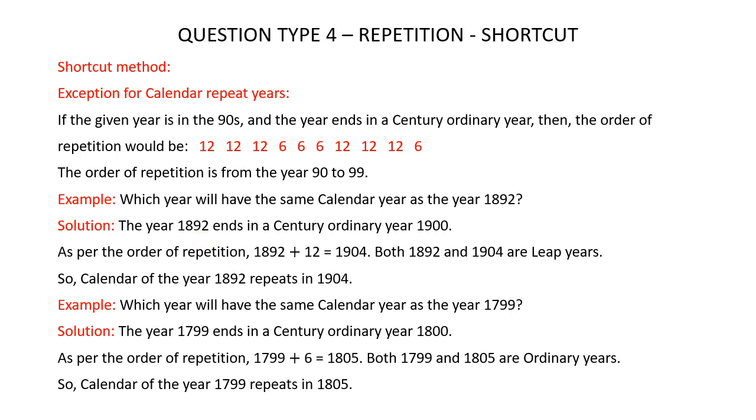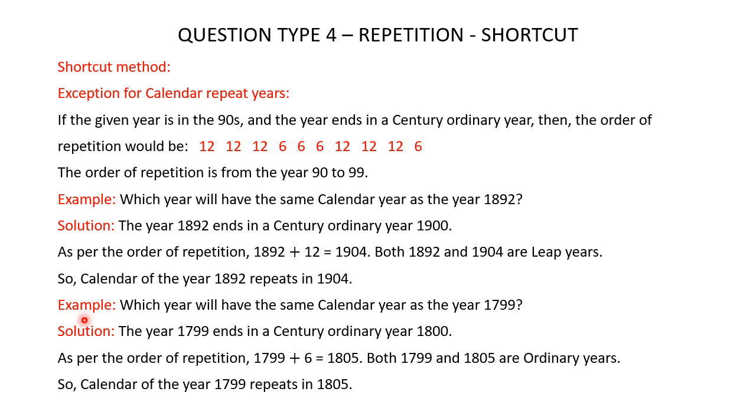So, as per the order of repetition, for the given year 92, you have to add 12 to get the repeat year. So 1892 plus 12 is 1904. Now the given year 1892 and 1904 are leap years. So calendar of the year 1892 repeats in 1904.